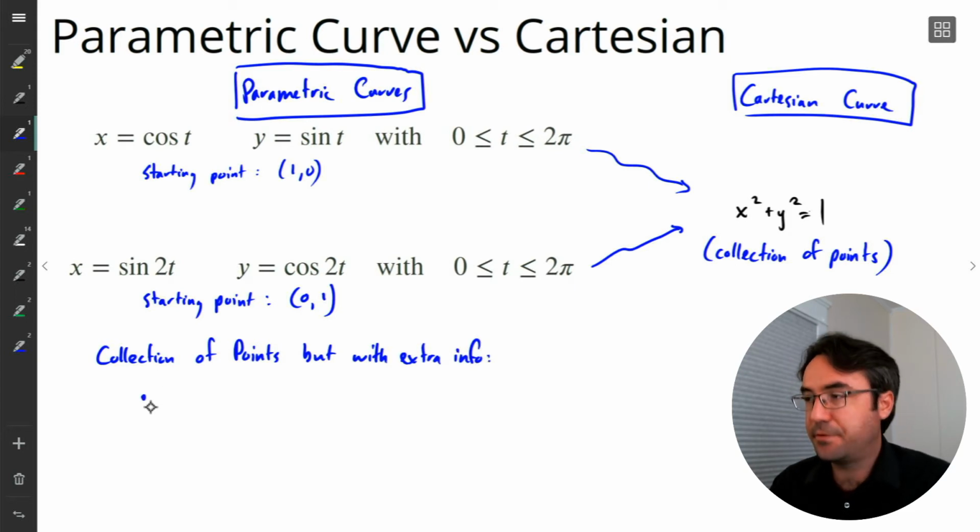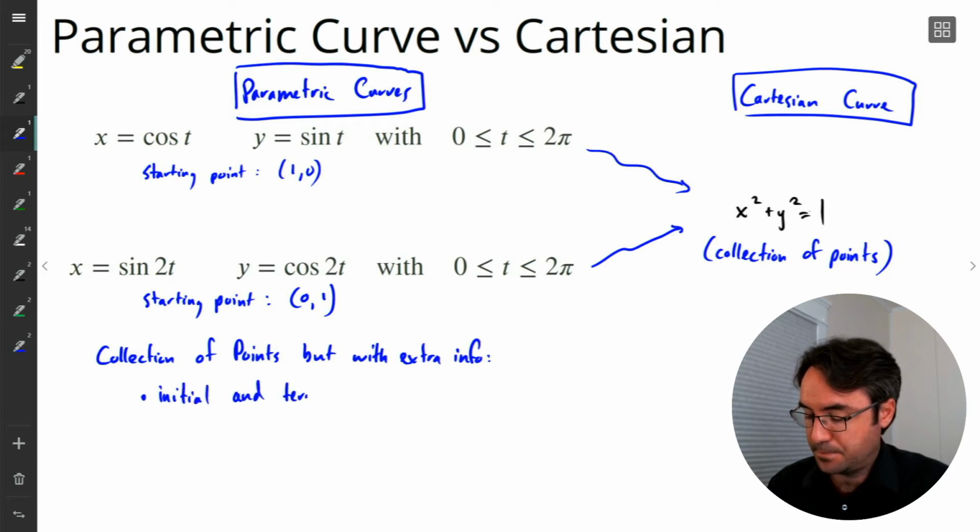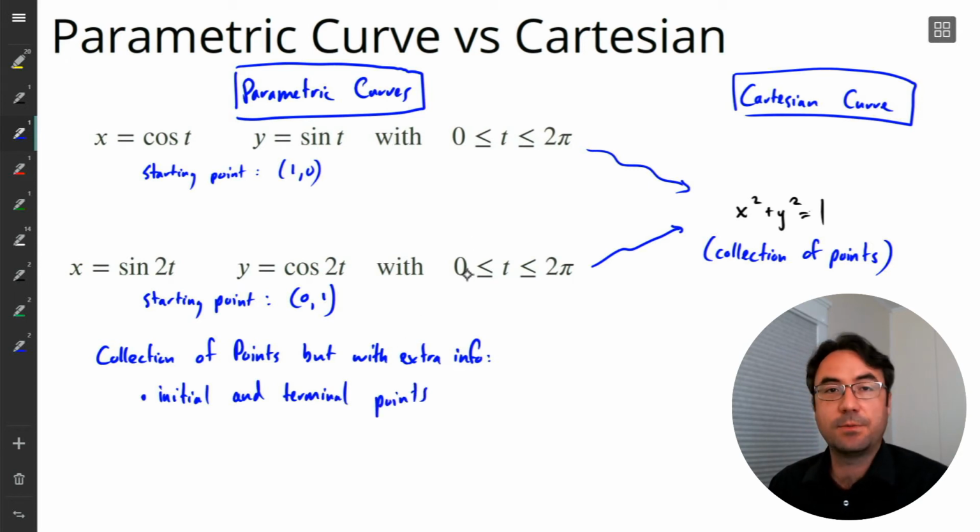So we might have our starting and ending points, our initial and terminal points. So our starting point here, we looked at it by seeing when t was 0. We could look at our ending point, our terminal point, for 2 pi.